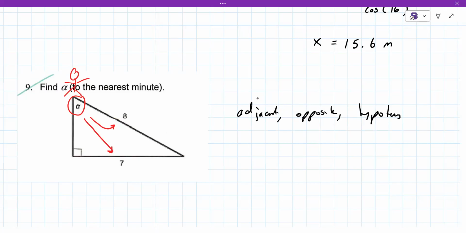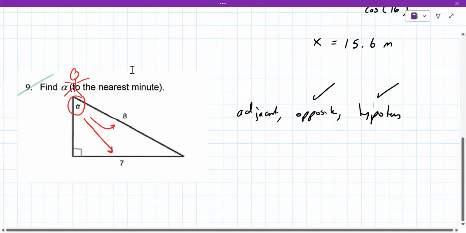What is the 7? Is it adjacent, opposite, or hypotenuse? I think that one would be opposite. Agreed? And how about the 8? Hypotenuse. Good. So which of those trig functions, sine, cosine, and tangent, and I can go grab that snip again if we need, which of those uses the opposite and the hypotenuse?